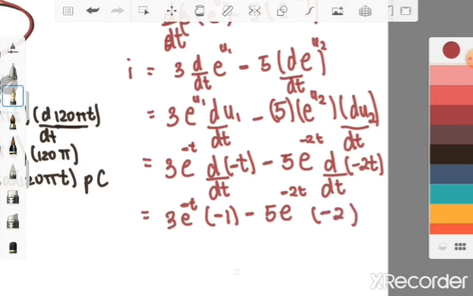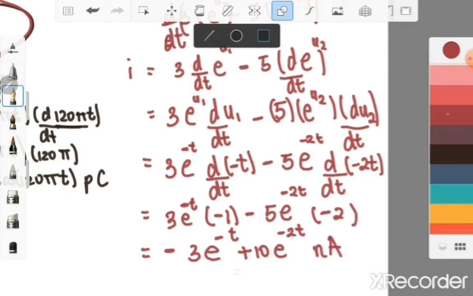So we will have an answer equal to negative 3e raised to negative t. Negative 5 multiplied by negative 2 is just equal to positive 10e raised to negative 2t. Alright? Nano amperes.